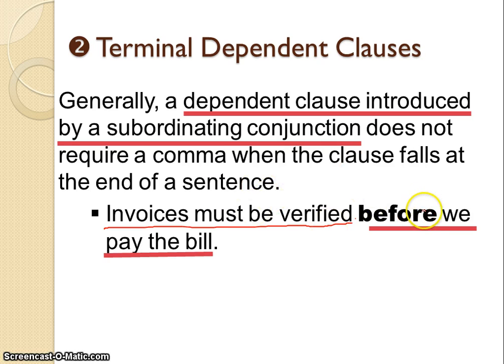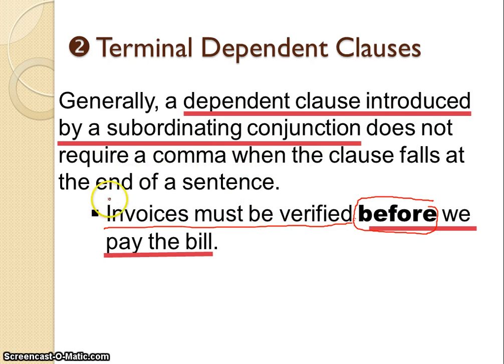Okay, so here's our conjunction, before, and we pay the bill is a dependent clause. It can't stand on its own. But since it's at the end, we do not need a comma here. So we need to remember that.